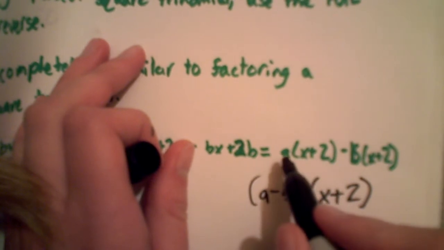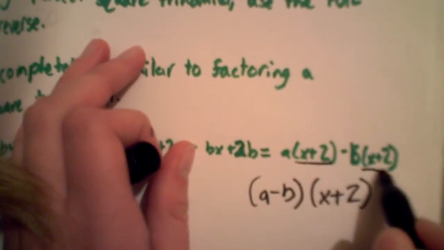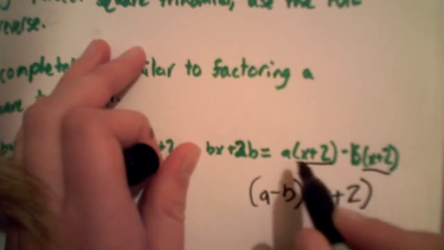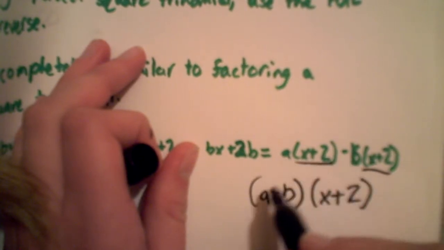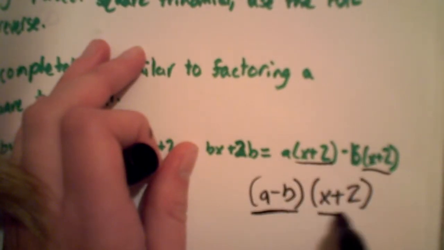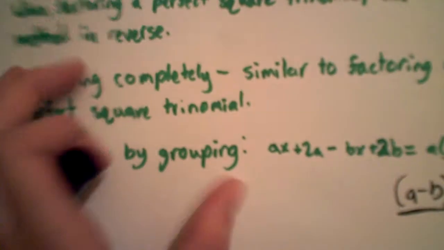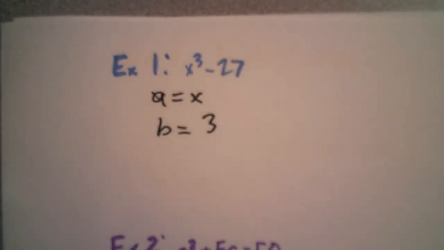Since there are two x plus 2's, you only have to write one of them, and then you just group the a minus b like so. So, it's not too hard. Just group everything properly.